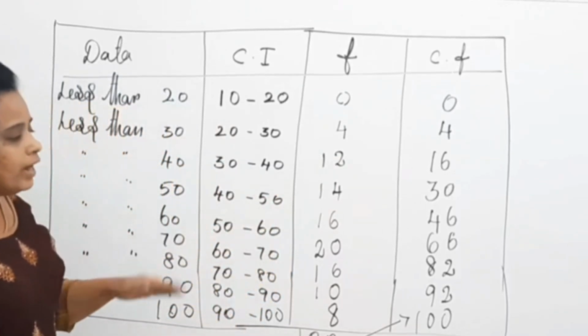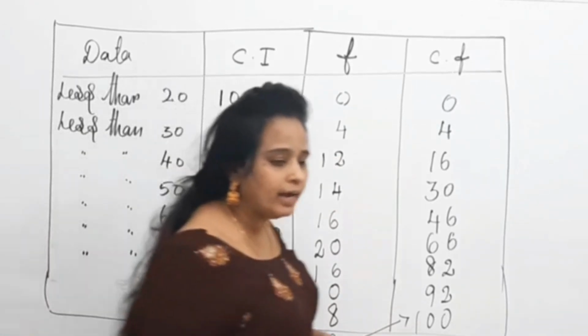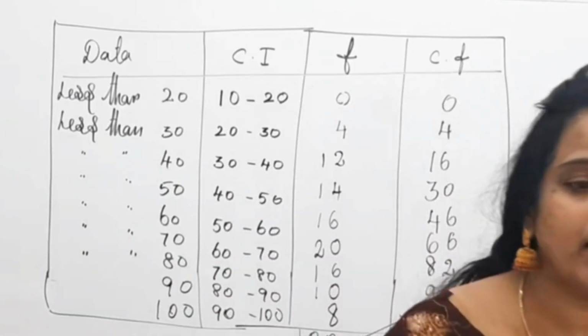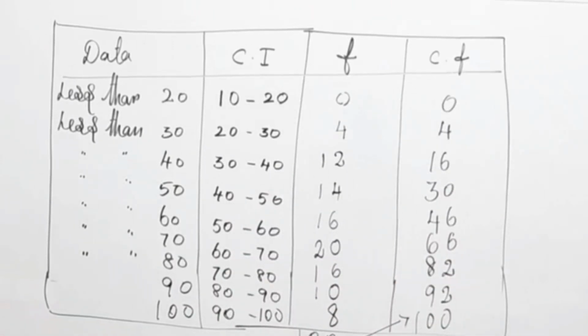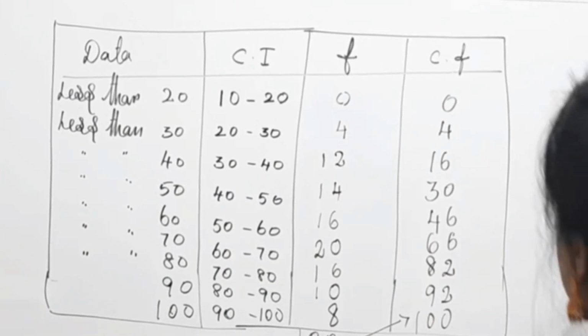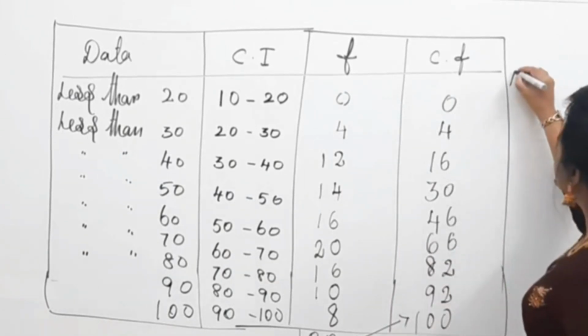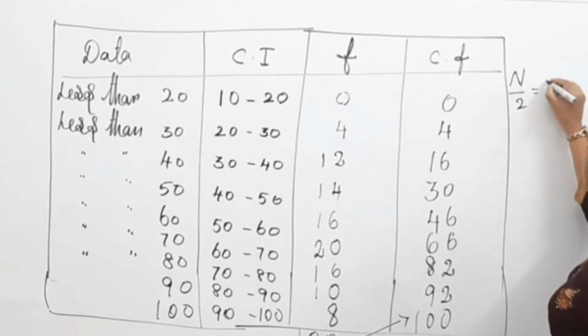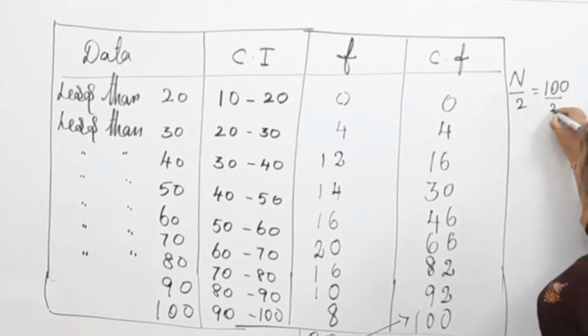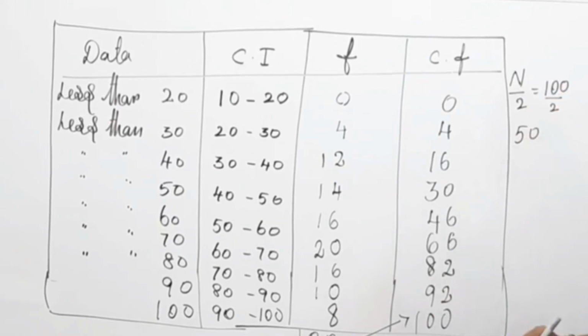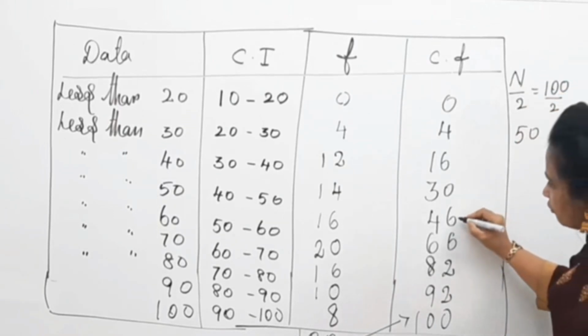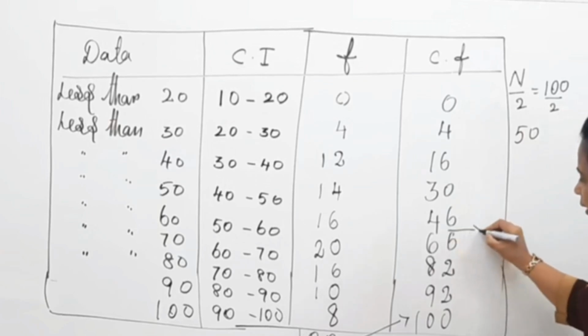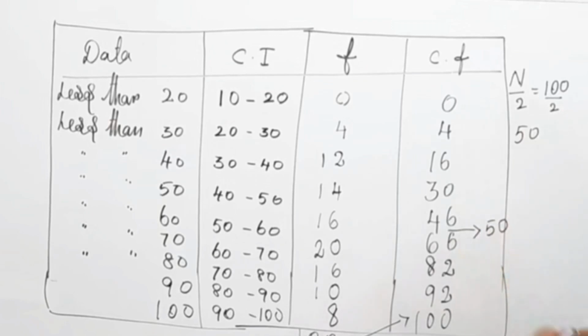Now, I know my n is equal to 100. So I have to get my n by 2, such that 100 divided by 2 is equal to 50. So I get my 50. I will go and check where my 50 lies. My 50 lies here.